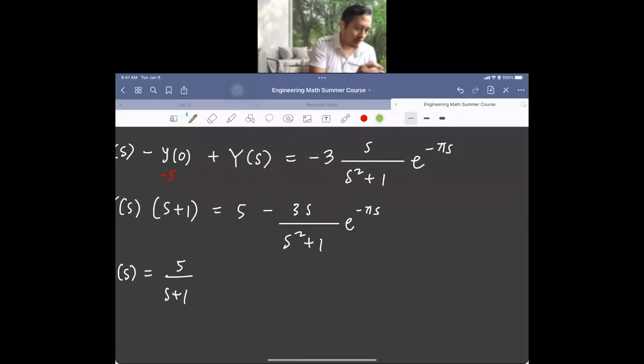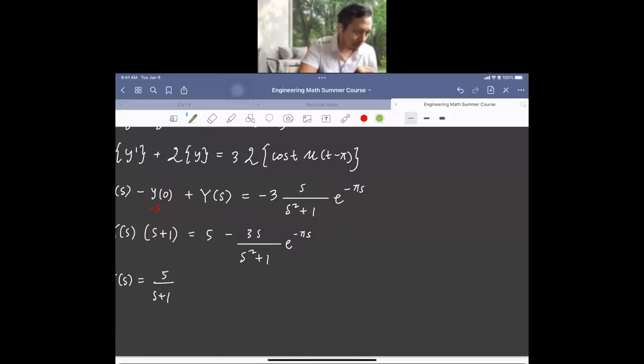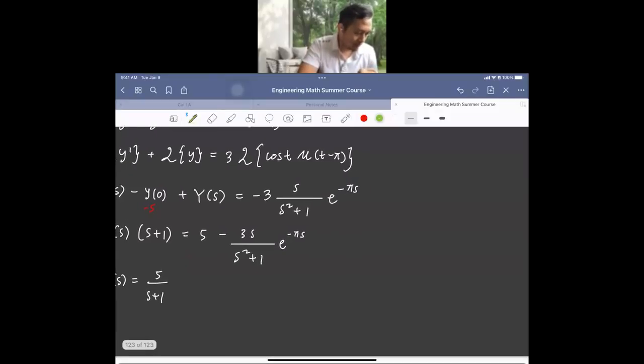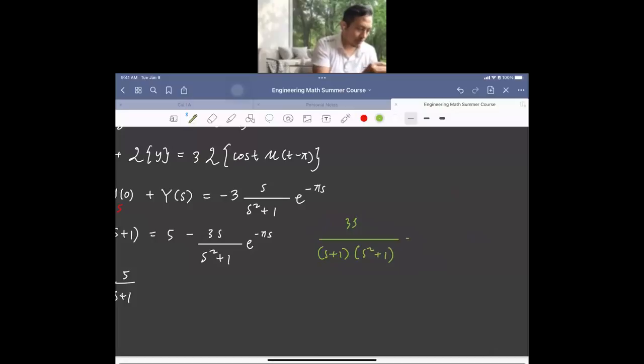Okay, so we have from this 3s over (s plus 1)(s squared plus 1). Three s, so s plus 1, s squared plus 1. Okay, so we will have, let me use this: A over s plus 1 plus (Bs plus C) over s squared plus 1.